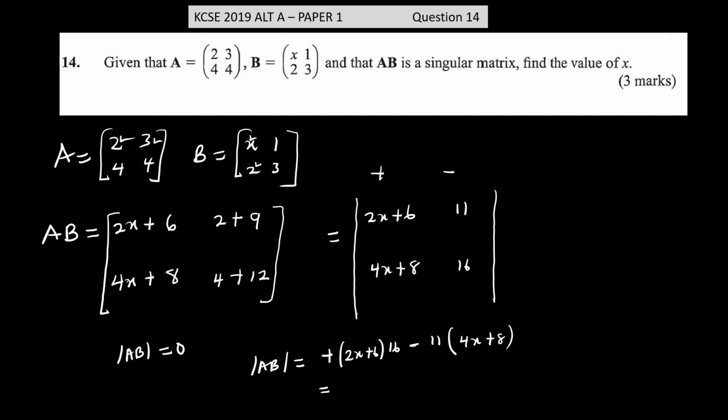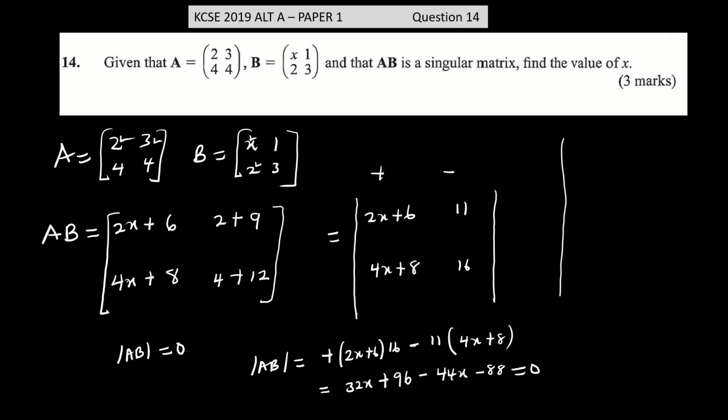So 16 times 2 is 32x, plus 16 times 6 is 96, minus 11 times 4 is minus 44x, minus 88. That is 11 times 8. Since it's a singular matrix, this must be equal to 0.